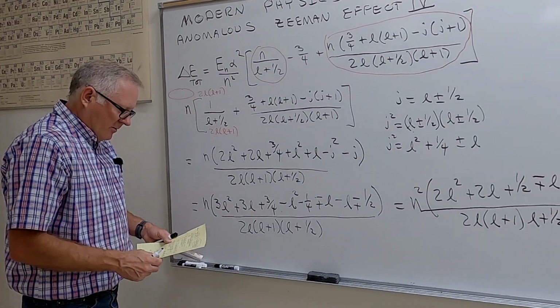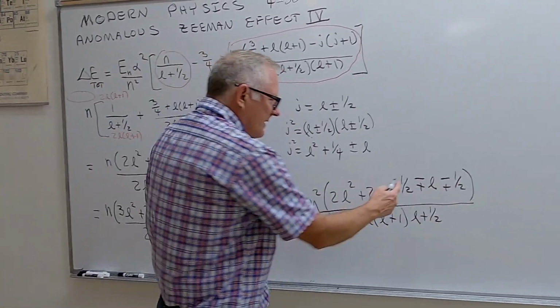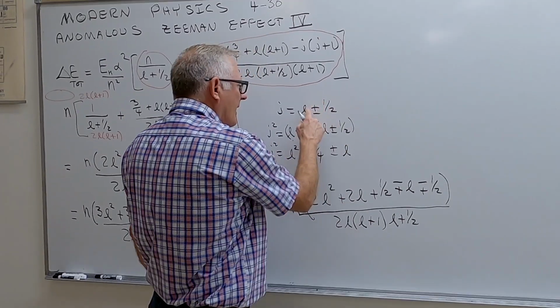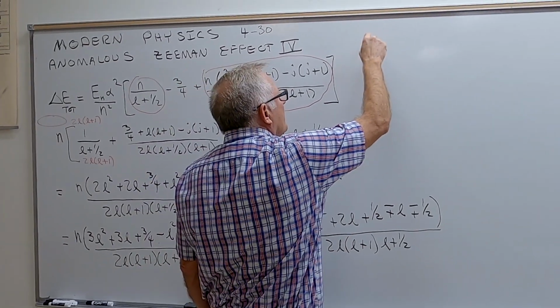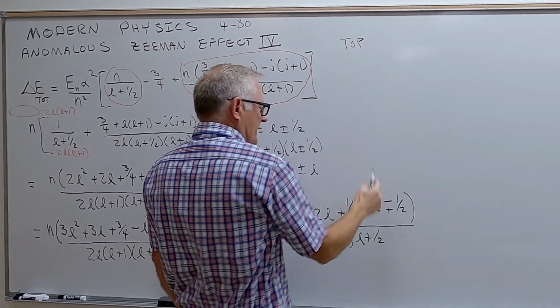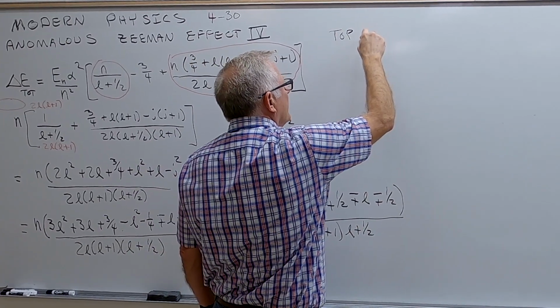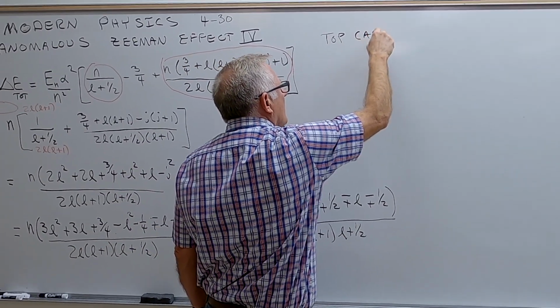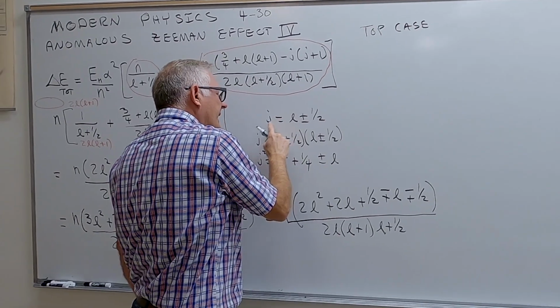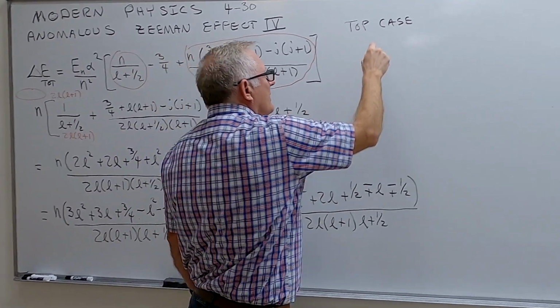Okay, so now for the top case, that was the top case up here. For the plus and minus top case, that's when J is equal to L plus a half.